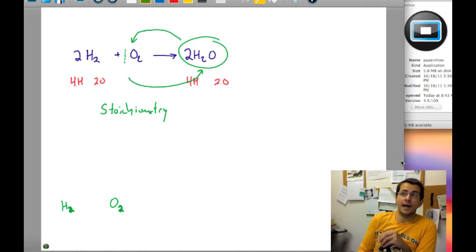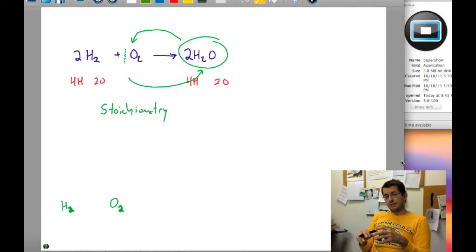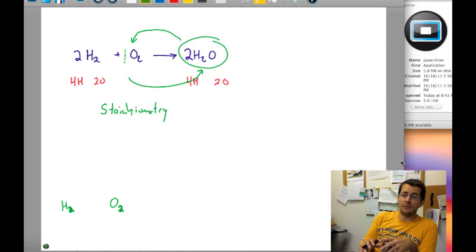So if you were to weigh out the hydrogen reacting with 1 equivalent of oxygen, you would find that the hydrogen weighs substantially less than the oxygen. So in this molecular picture, we need to also worry about the much larger macroscopic picture. And for this, we need a much larger relationship than individual molecules.